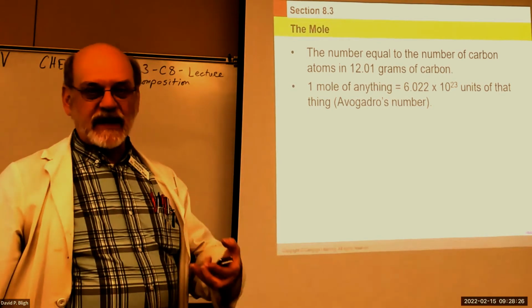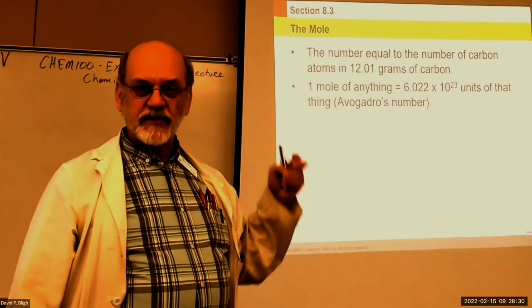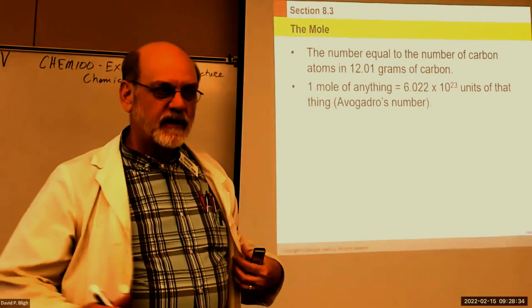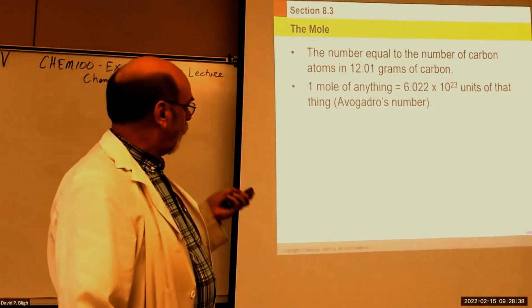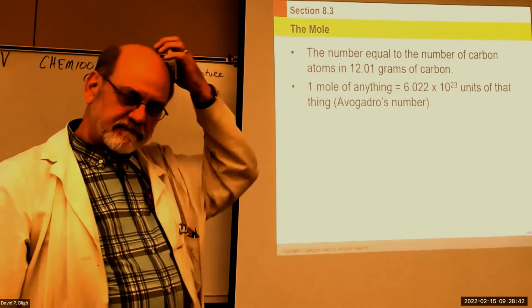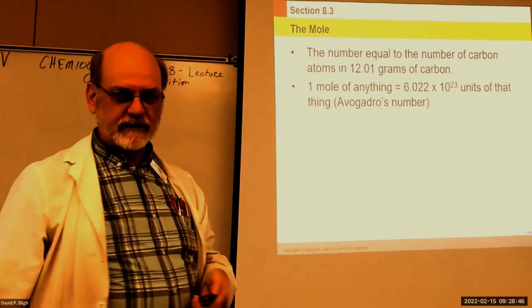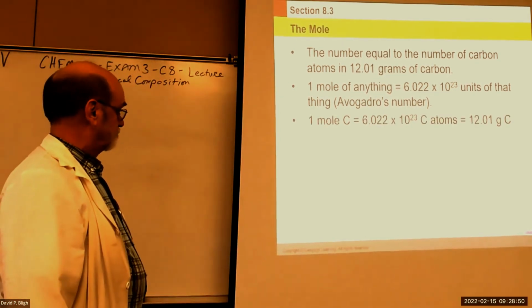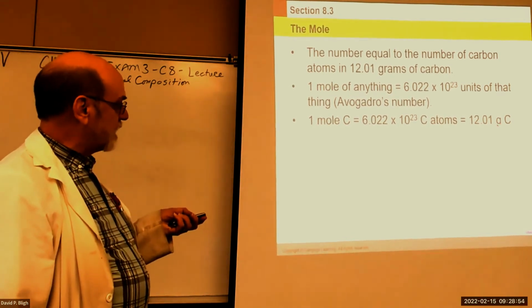And that's called Avogadro's number. Now, Avogadro didn't come up with this, but the work that the Italian scientist Avogadro did laid the foundations for this concept of counting. So his name was slapped on it in honorarium. Okay, so 1 mole of carbon is this many atoms and is that many grams.